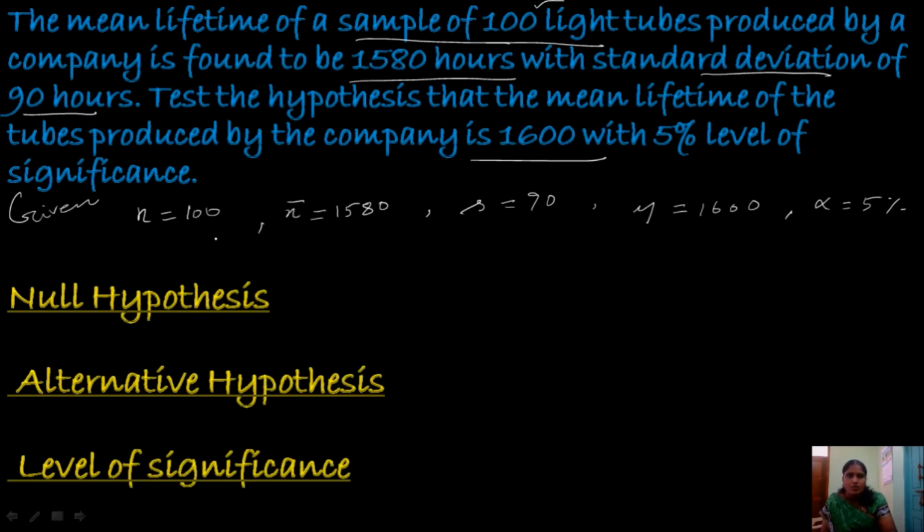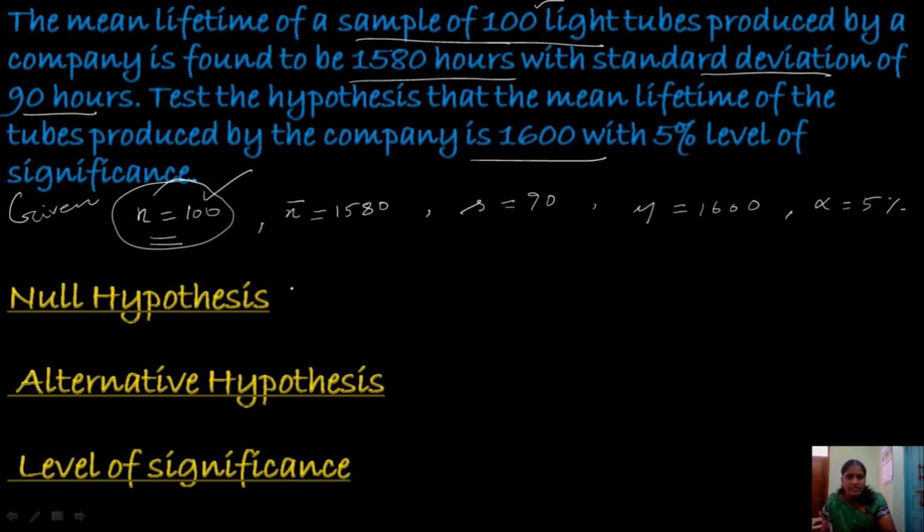So now what we are going to do is look at the value of n first. The value of n is 100. It is greater than 30, so it falls under the category of Z test. So this gives you an idea about which test we have to follow. So I am going to use Z test. For that it is given one mean and its standard deviation and population mean.